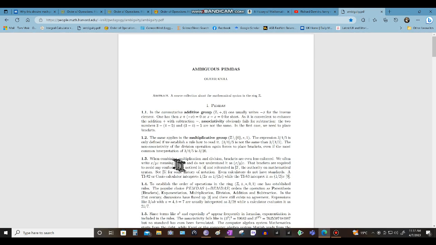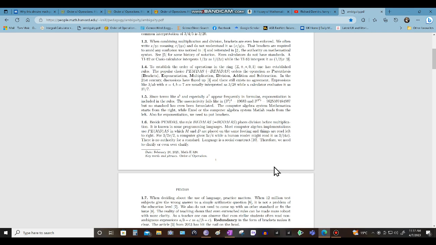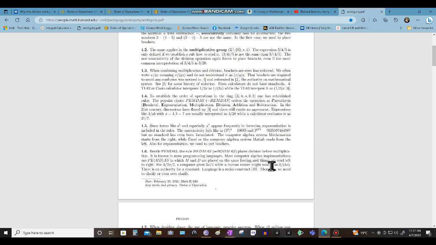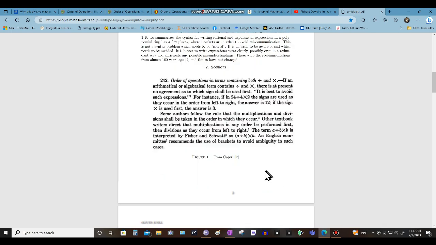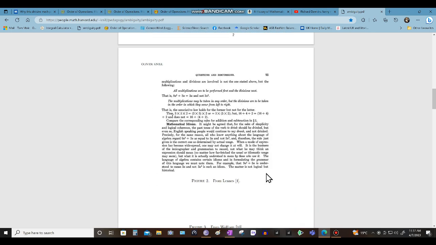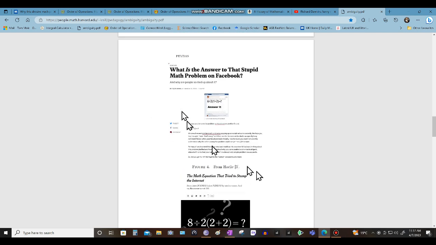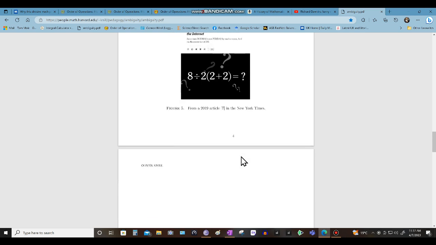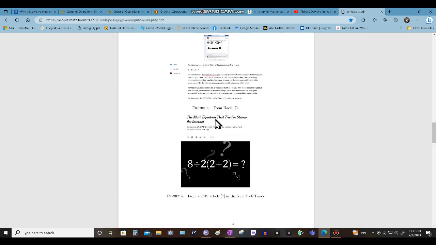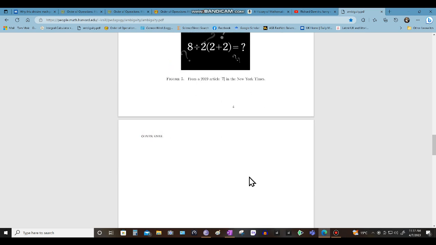Another interesting website, and this is a PDF of a lot of that, is by Oliver Knill from Harvard, who goes over this about the ambiguity that's caused in schools over multiplication, division, and so on. And here's the similar, I think it's the same problem. The math equation that tried to stump the internet.